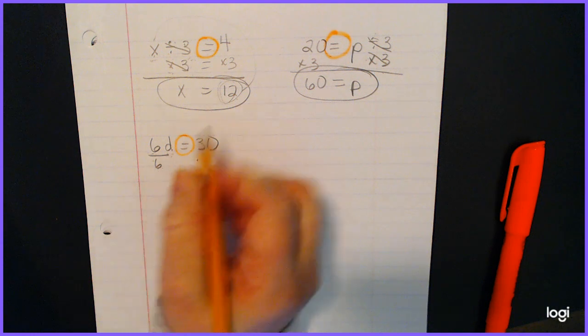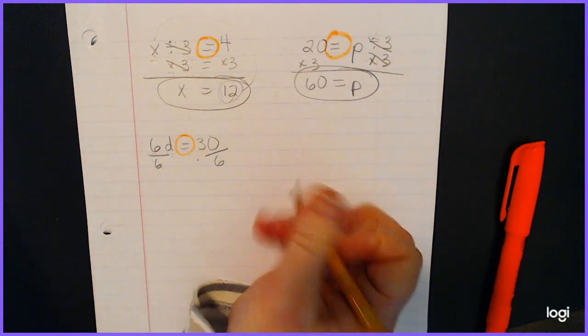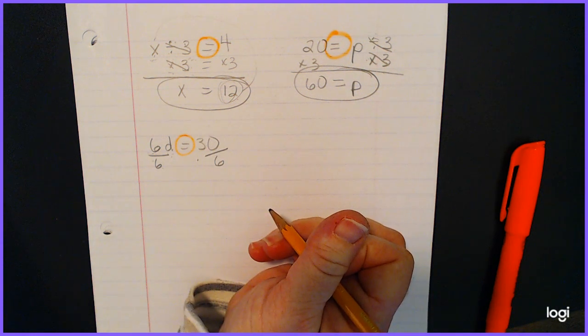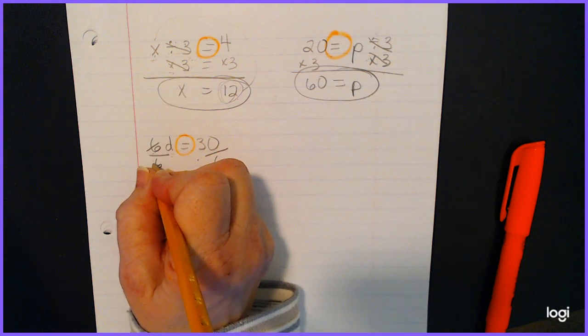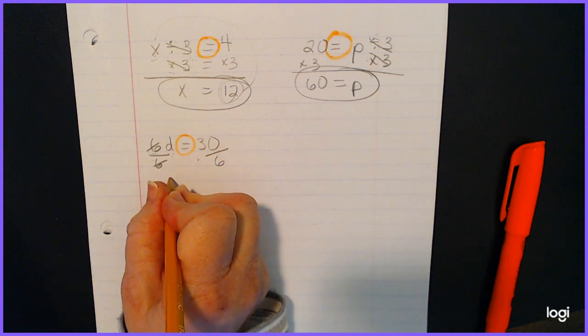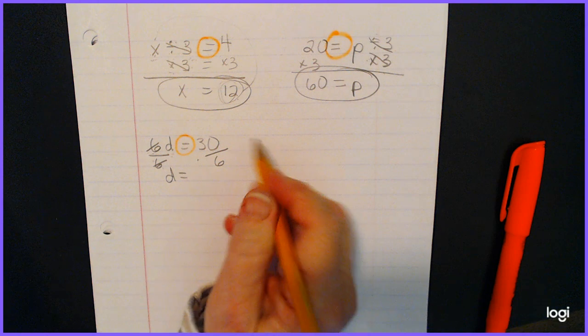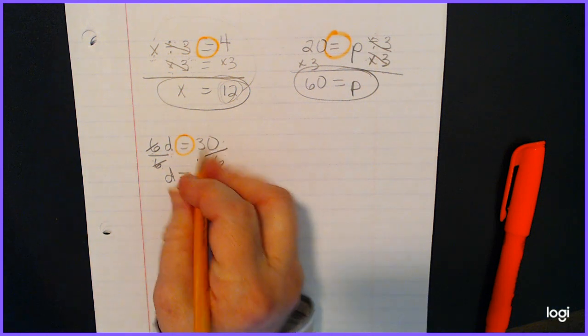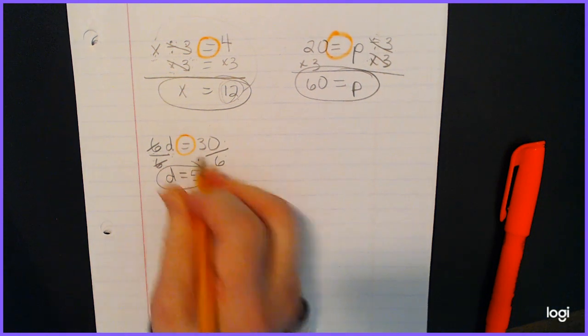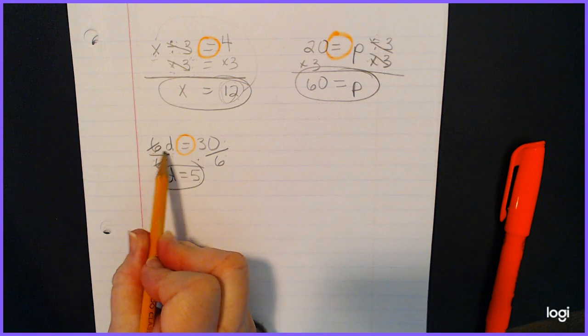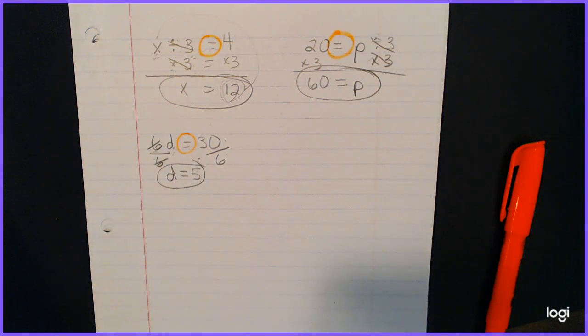Whatever I do on this side, you have to do to this side. Opposites cancel. I have the letter D. 30 divided by 6 happens to be 5. Some of you already knew that the answer was 5 because 6 times 5 is 30.